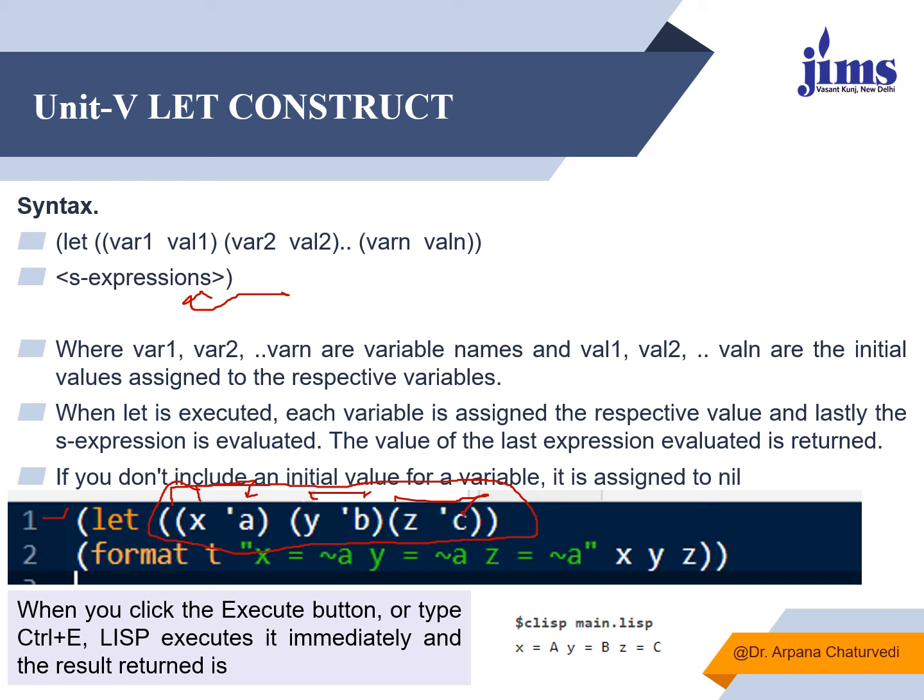Format t means true. If you see over here, it's clearly mentioned: x is equal to tilde a, y is equal to tilde a, z is equal to tilde a, and x, y, z.